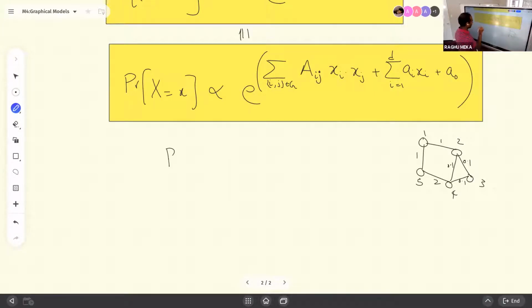Then the probability that X equals x is proportional to, we'll often ignore the linear term. The linear term is not so important because we are really interested in learning the graph structure. And the graph structure is coming from these pairwise interactions. So in this case it would be e to the x1 x2 plus 0.1 times x2 x3 plus x3 x4 plus x2 x4, and so on.